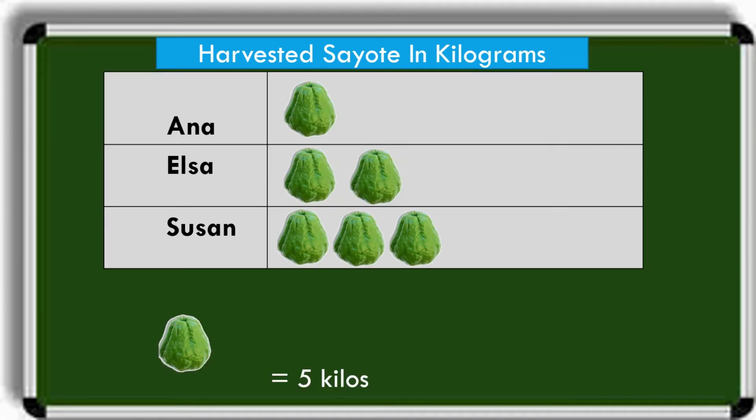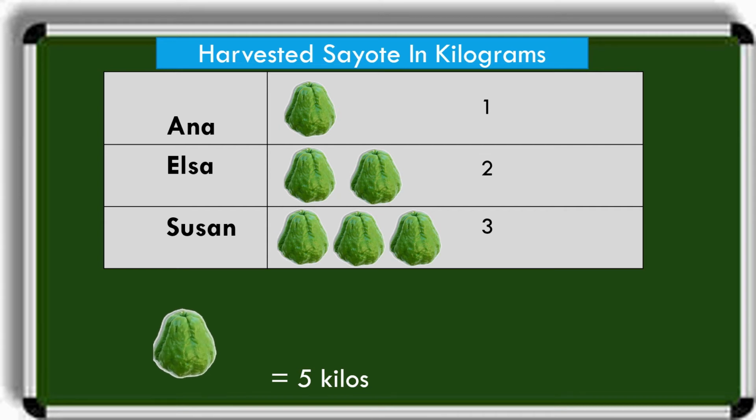How many kilos of sayote were harvested in all? They harvested 30 kilos of sayote in all. To get the answer, we multiply 6. So, 1 for Anna, 2 for Elsa, and 3 for Susan by 5.